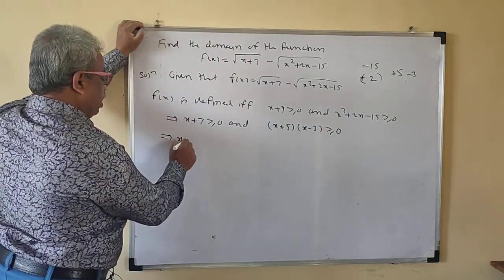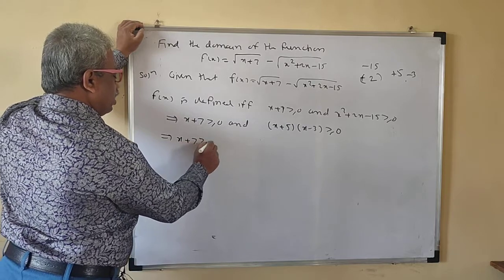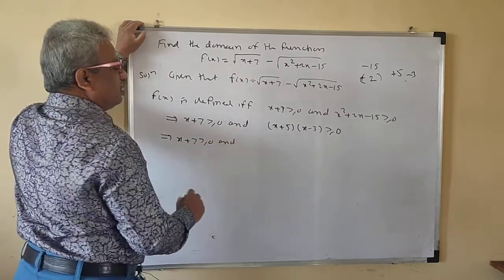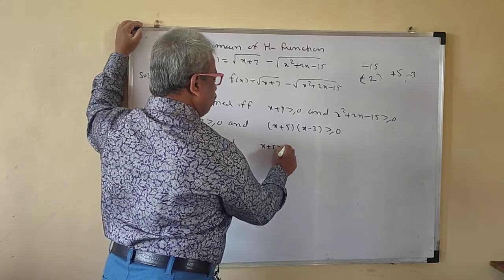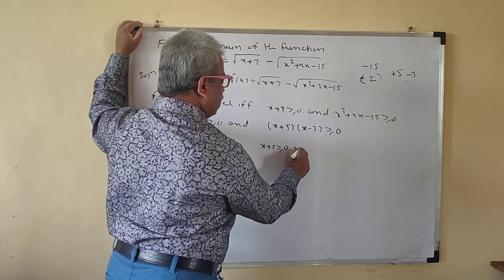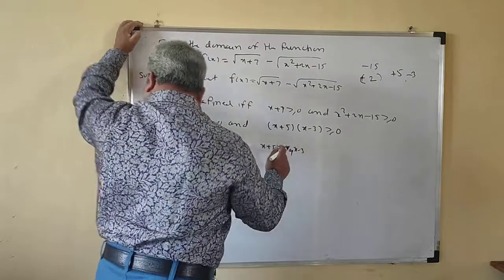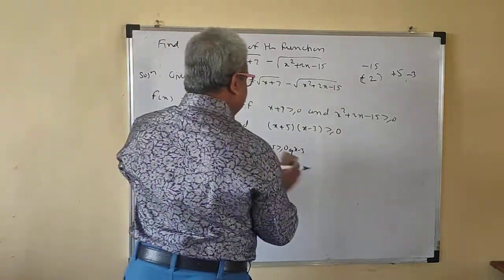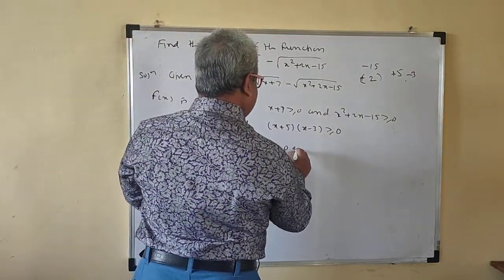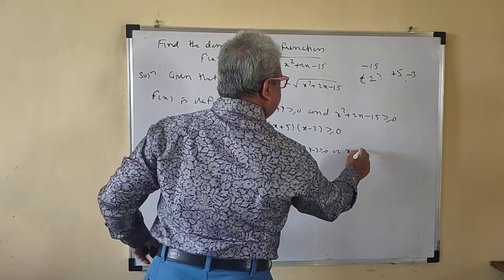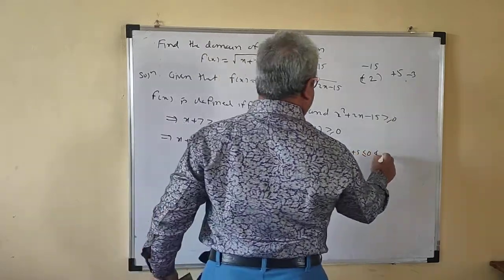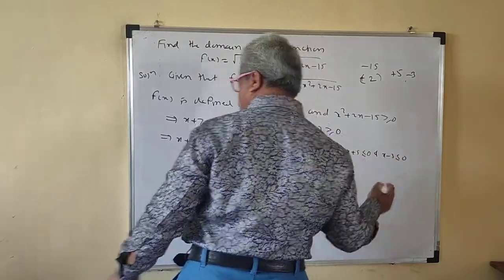This implies that x plus 7 is greater than or equal to 0, and we will solve this one. So x plus 5 is greater than or equal to 0 and x minus 3 greater than or equal to 0, or x plus 5 less than 0 and x minus 3 less than 0.